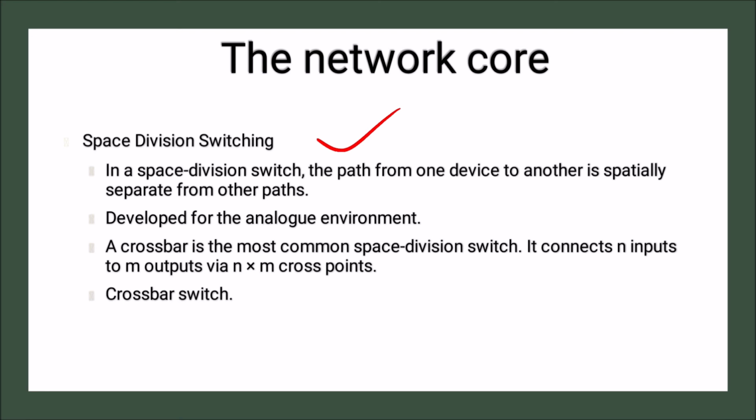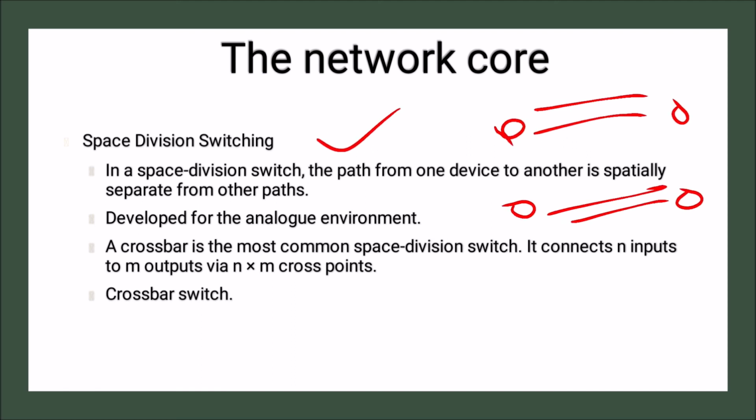In a space division switch, the path from one device to another is spatially separate from other paths, which means this path is for one station to another, and this path is different for another station. It was developed for the analog environment.